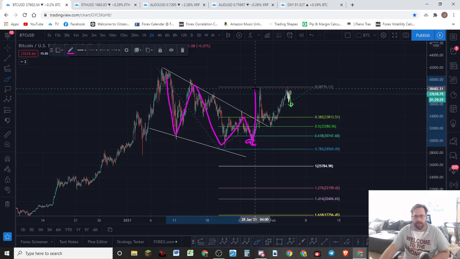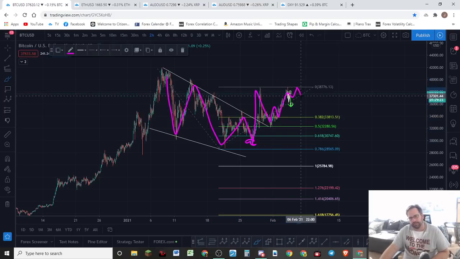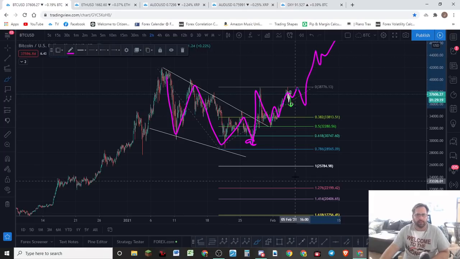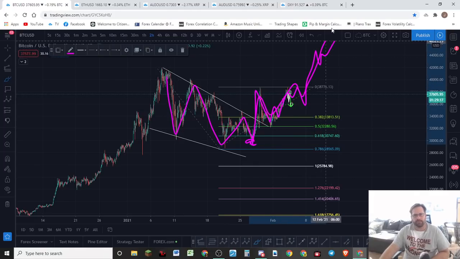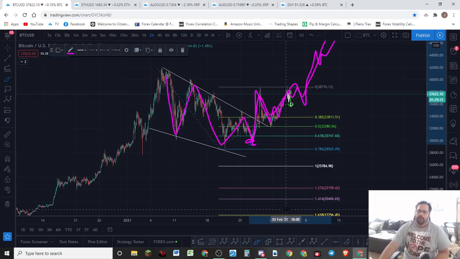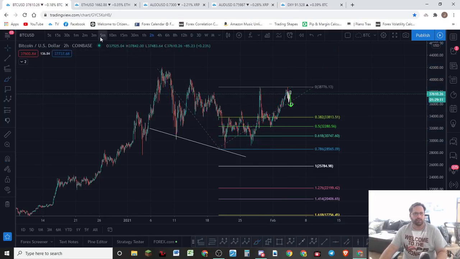We had a breakout wave, a 3-wave pullback, and now this is 1, 2, 3, 4, 5. Coming out of it, looking for another wave to the upside, about 5 waves. So that's what we're looking for if it's bullish, and we're going to be watching that as well on the small time frame.